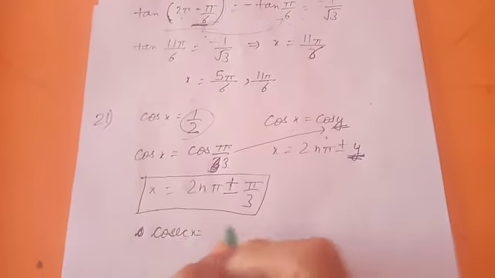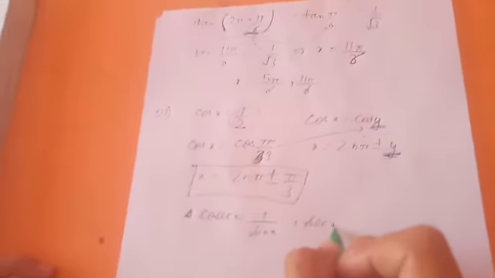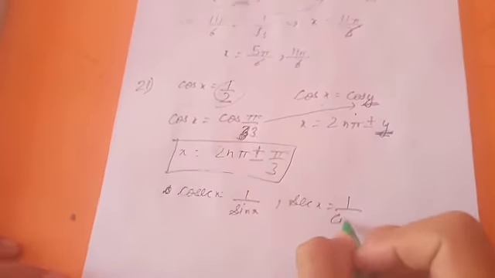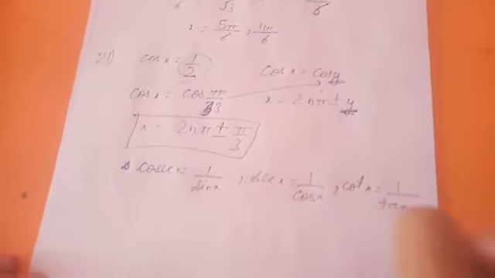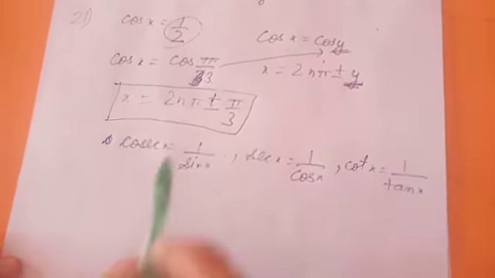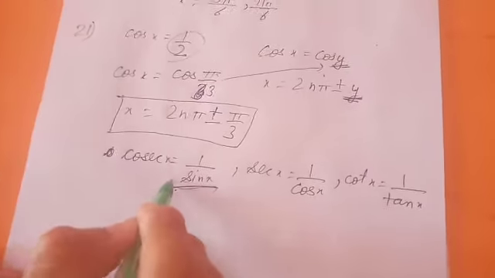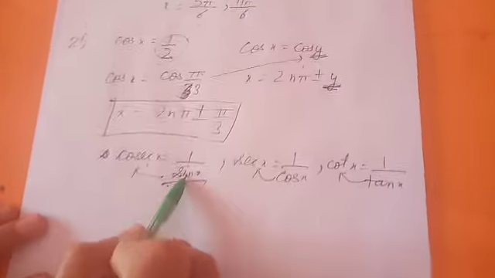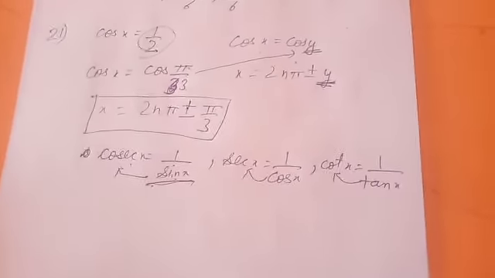Cosec x is equal to 1 by sin x, secant x is equal to 1 by cos x, and cot x is equal to 1 by tangent x. So whatever will be the general solution for sin x, same will be for cosec x, similarly in these two cases. So if we are given cosec, first we will convert it into sine, and for sine we will use the formula, means we will find the general solutions.